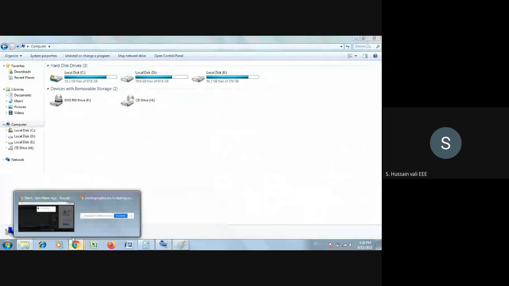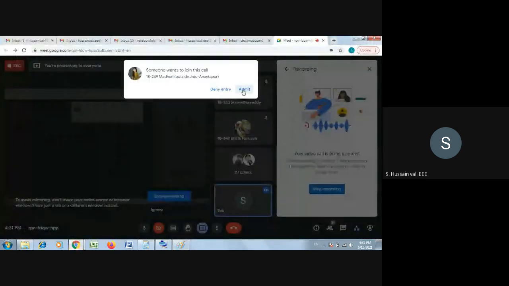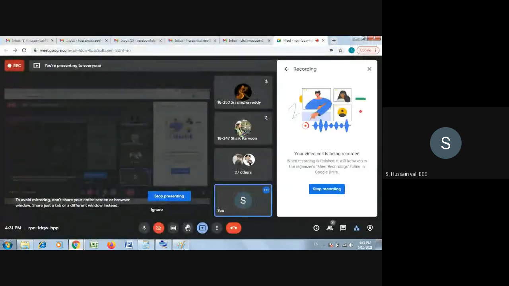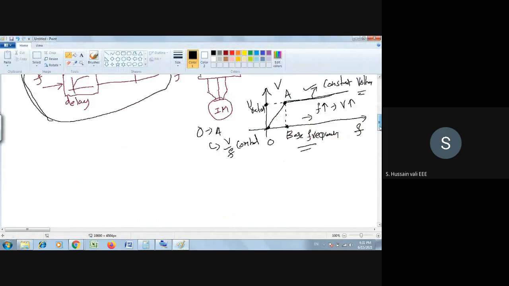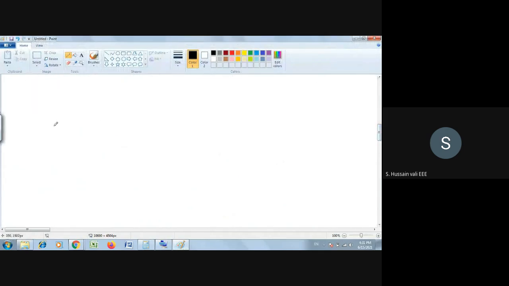Okay, so now you see. I would like to solve a simple numerical problem. A simple numerical problem will be solved at first. So I will just note down the question first.